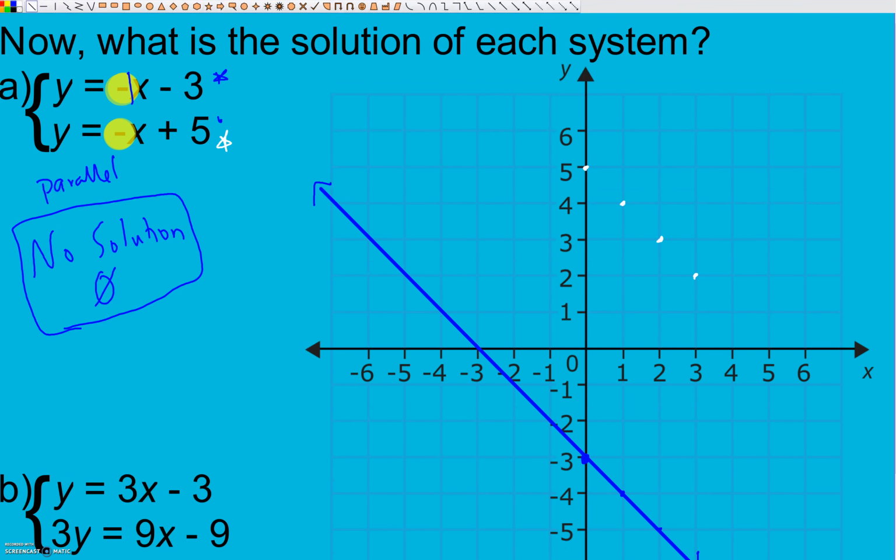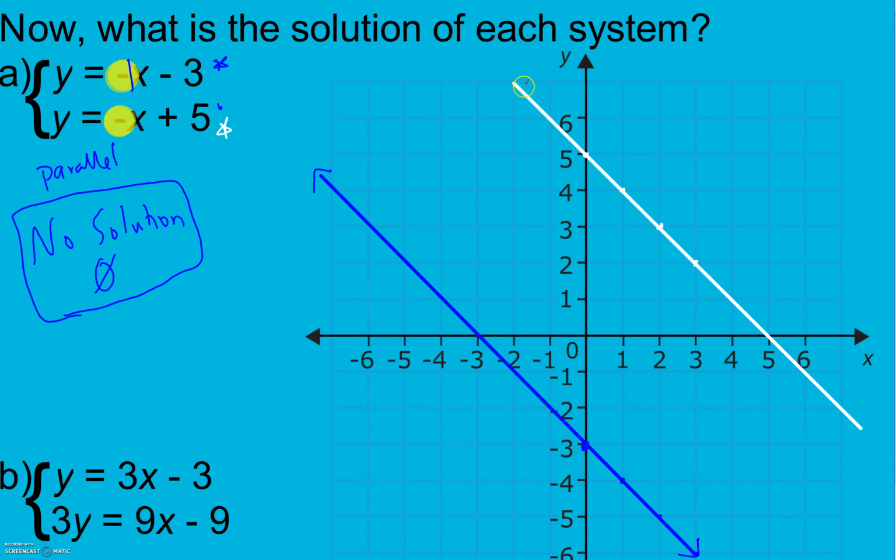Connect our dots here. And these are parallel. Really take a look at your lines and see, do they seem parallel or do they seem like they're going to meet eventually and I just didn't extend my lines long enough? If we look at these, it seems pretty parallel. If they're off a little bit, it's just based off how I drew my lines. So no solution there. We can see that from our graph as well.